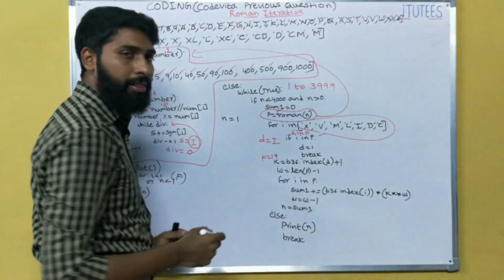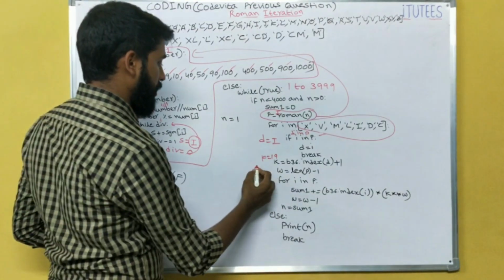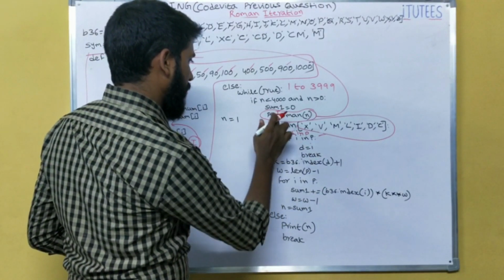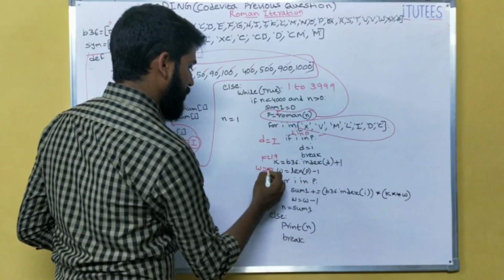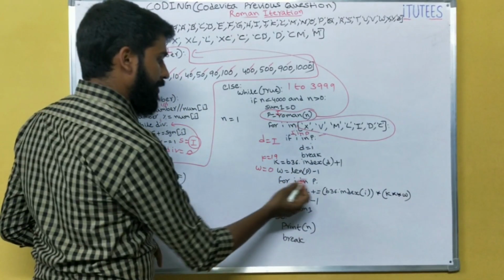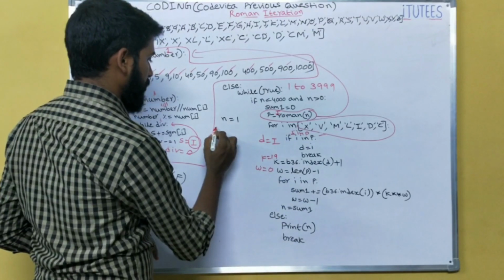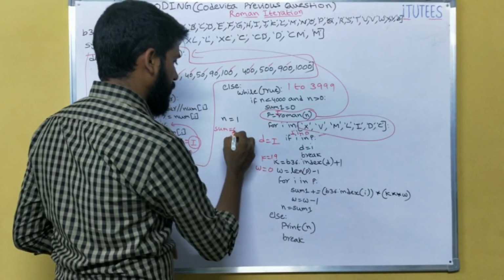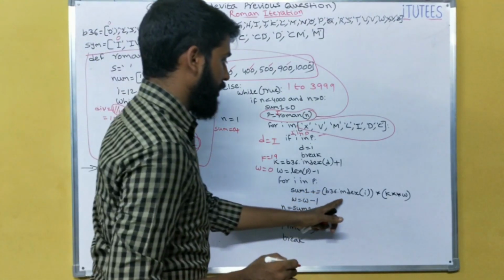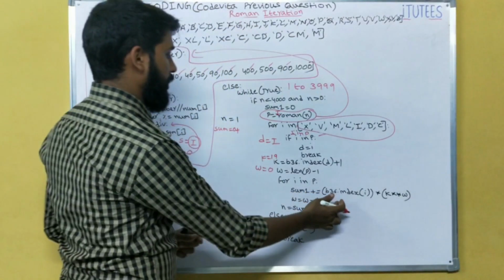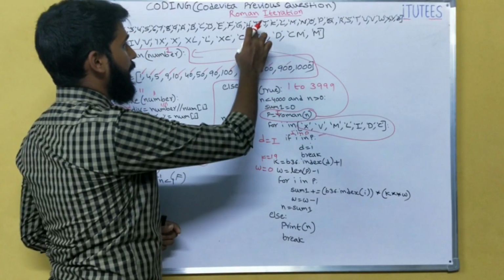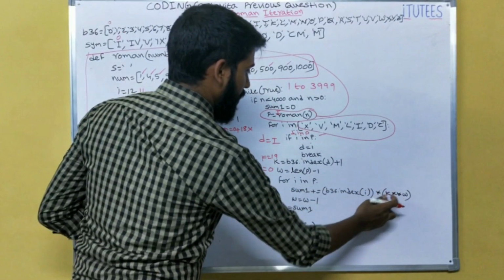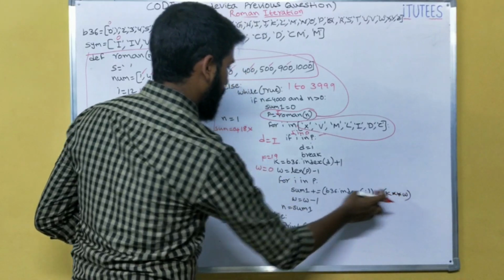W equals length of P minus 1. So what is the length of P? P equals here 1. 1 minus 1 means 0. For I in P, sum equals, what is the sum value? 0 plus B36 index of I. What is the index of value I? It is 18. 18 into K power of W. What is the K value?